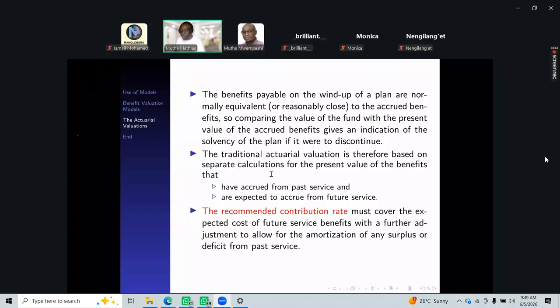And then, of course, we have something in the future. So we have to make sure that we set a contribution rate which will be able to cover all the benefits which we expect to pay in the future. So one of the key things which needs to come out of this actuarial evaluation is the contribution rate, because this is what will allow us to cover all the expected benefits in the future.